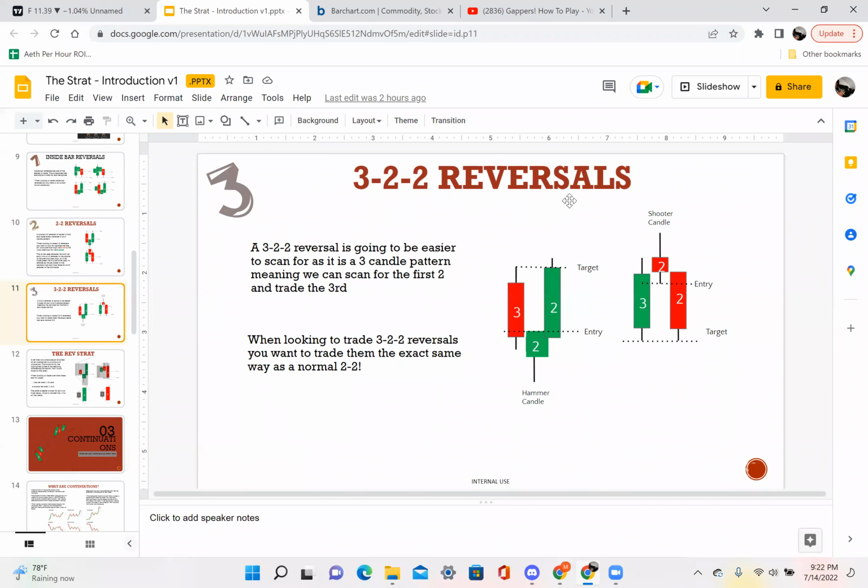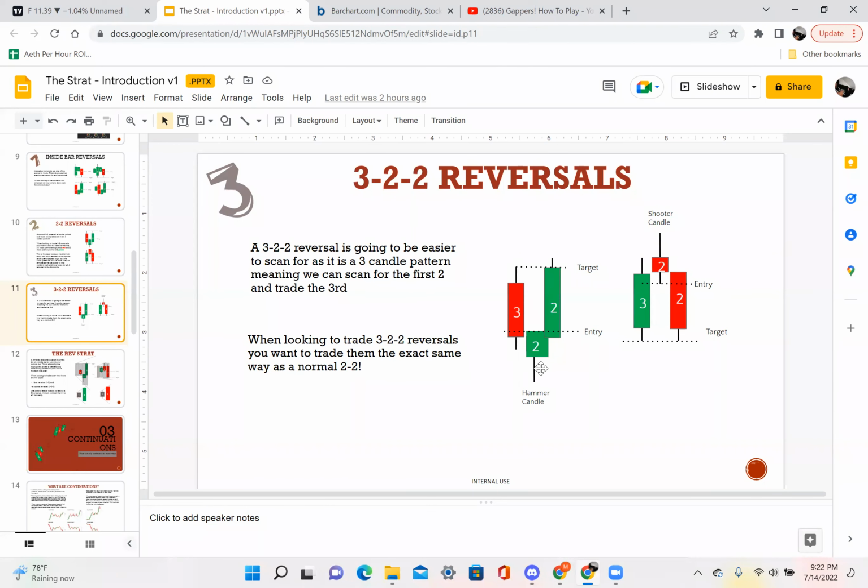So 3-2-2 reversals, also one of my favorites, because it's part of the 2-2 reversal. A 3-2-2 reversal is going to be easier to scan for, as it is a 3-candle pattern, meaning we can scan for the first two and trade the third one. When he's saying we can scan for the first two, he means the first two patterns, 3-2.